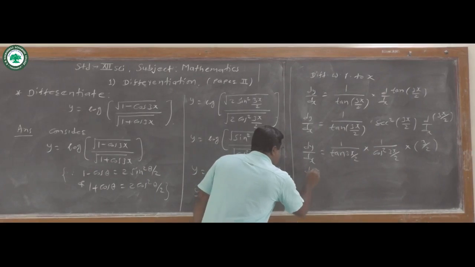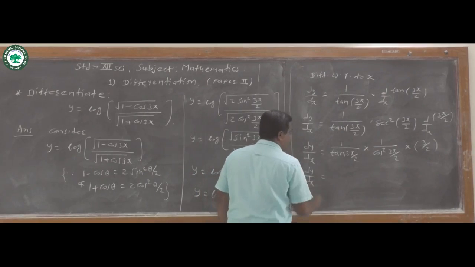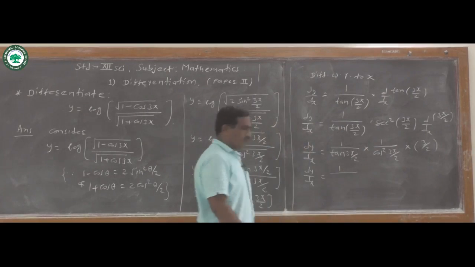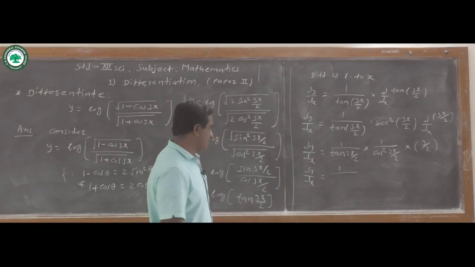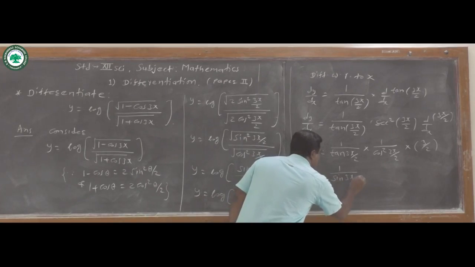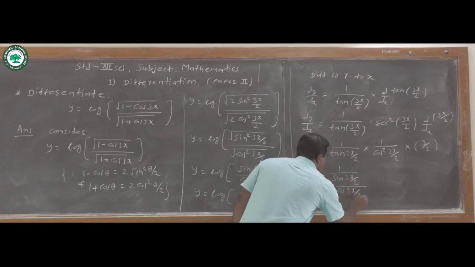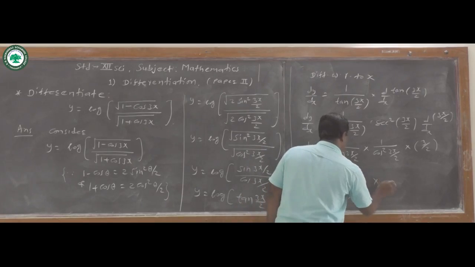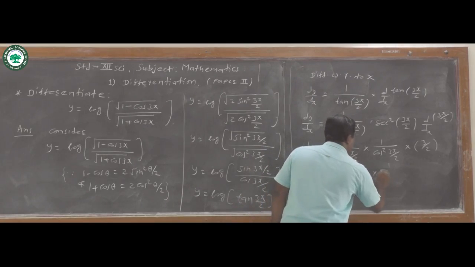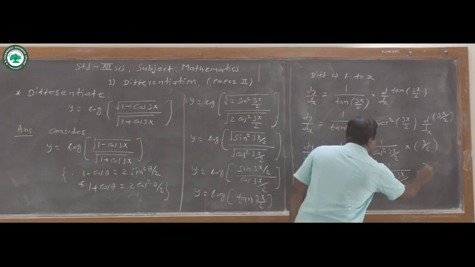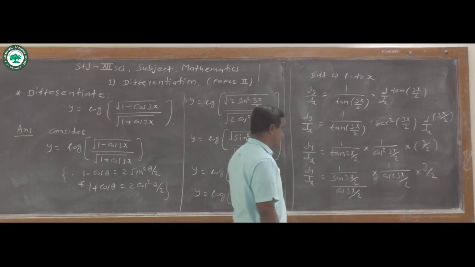Now dy by dx is equal to 1 upon tan of 3x upon 2, means sin of 3x upon 2 upon cos of 3x upon 2, that is sin 3x by 2 divided by cos of 3x by 2, into 1 upon cos square of 3x upon 2 into 3 by 2 as it is.